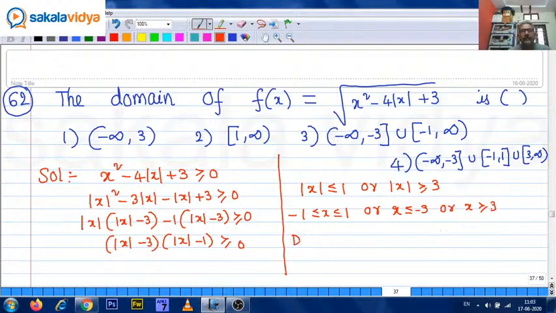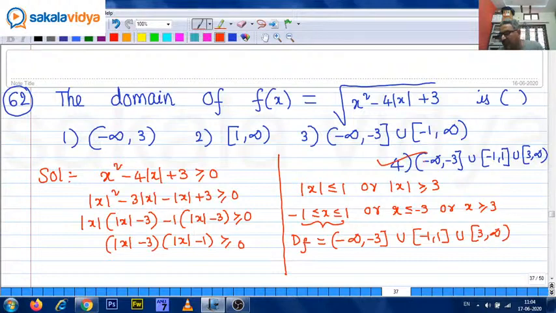Now domain of f is x less than or equal to minus 3, meaning minus infinity to minus 3 closed, union, next this one, closed minus 1 comma 1, union closed 3 to infinity. That means the fourth option is the right option.